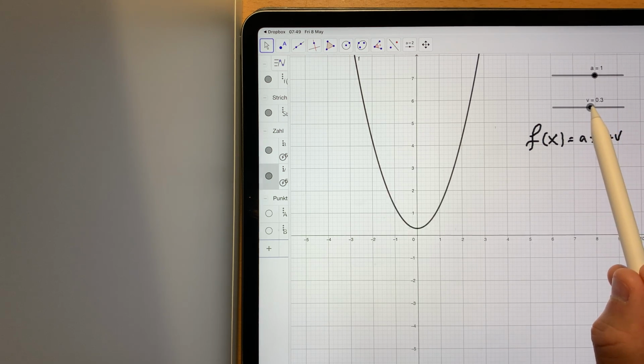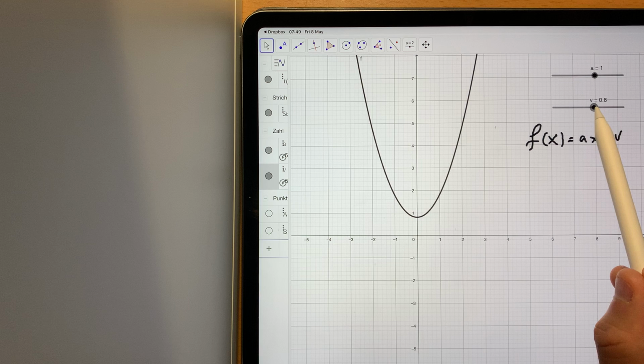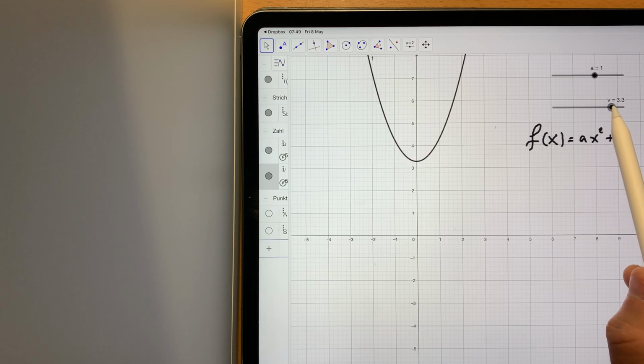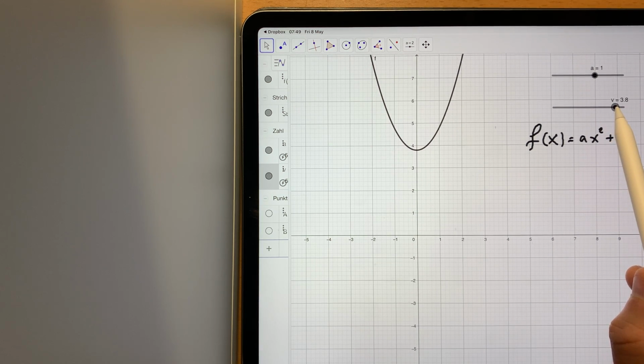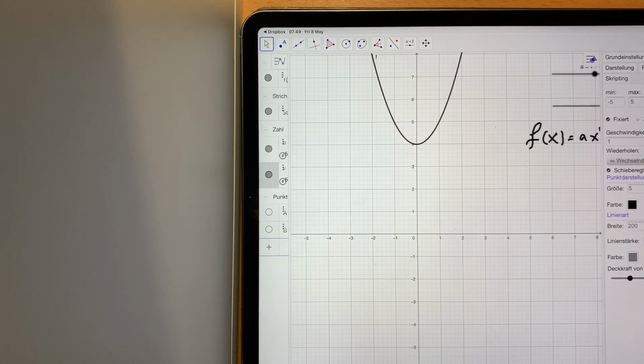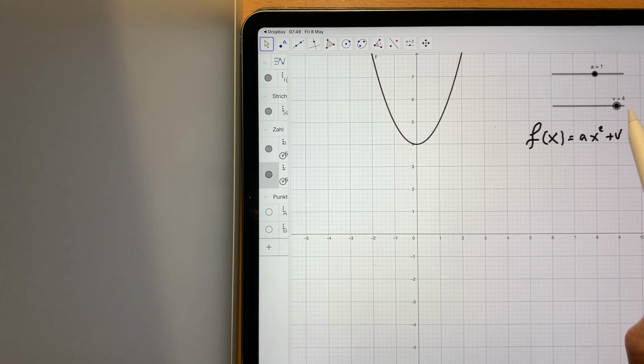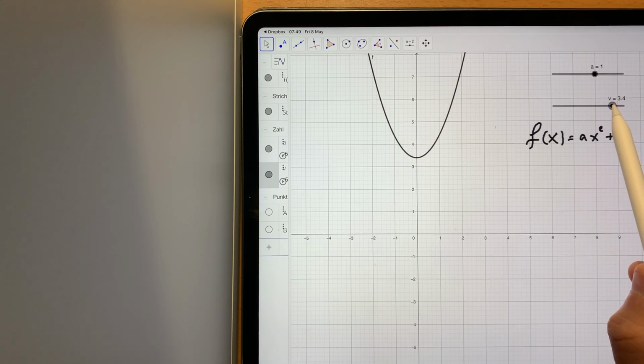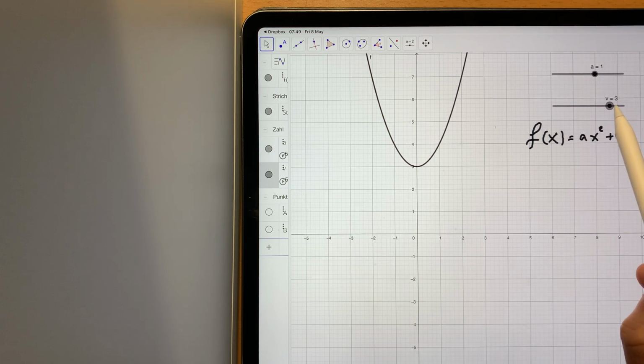Now as I move v, it goes up. It will be translated upwards by, let's say, 4 units. It's a bit fiddly here. Sorry, by 3 units. Now it's shifted up by 3 units, okay?